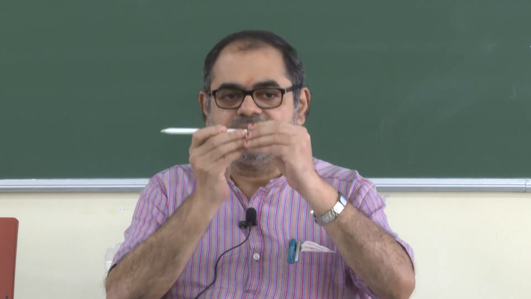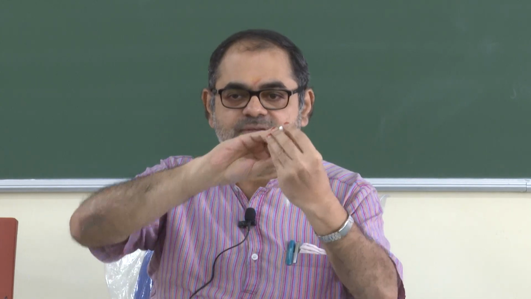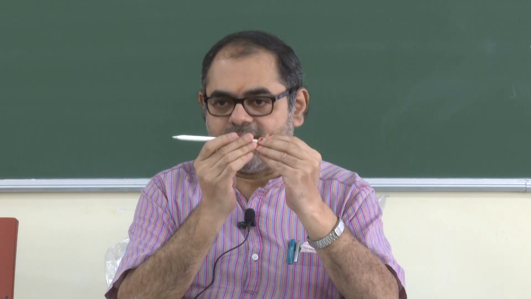The problem with angle is, if you just think about it in a very naive sense around a point, it's discontinuous. If I start with, let us say, 0, go around once and come back, it becomes 2 pi.